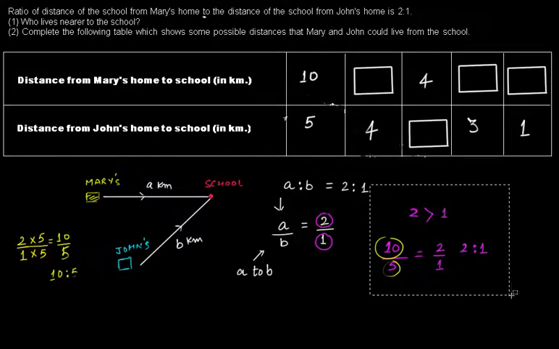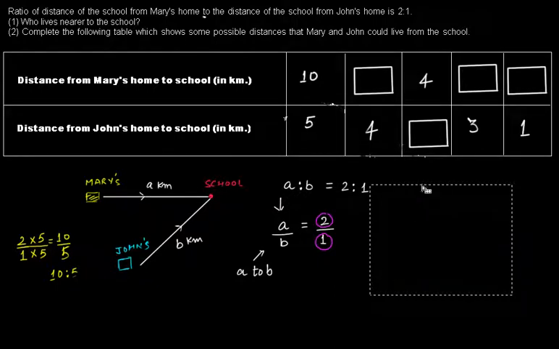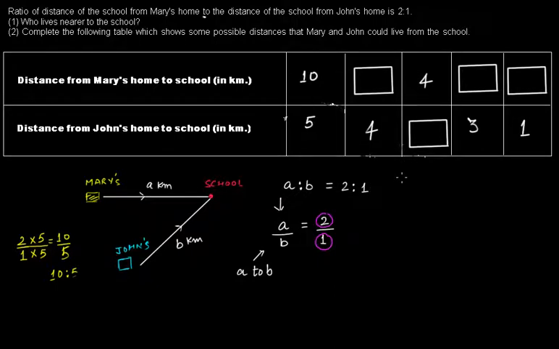So it means it's asking that you have 2:1 equal to, we don't know this number, but we know this number, that is 4. What number can we multiply 1 by so that we get 4?